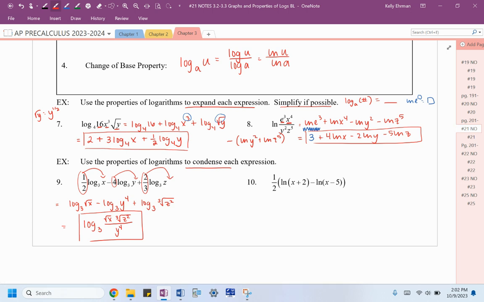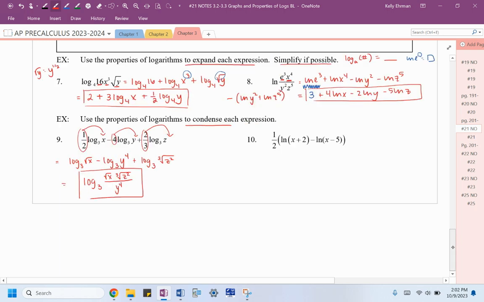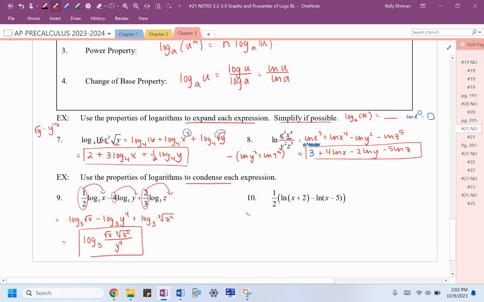Okay, and this one here is our last problem. So this 1/2 gets applied to both of these natural logs. So it's 1/2 natural log of x plus 2 minus 1/2 natural log of x minus 5. The 1/2s become exponents, or I'm going to make them roots.